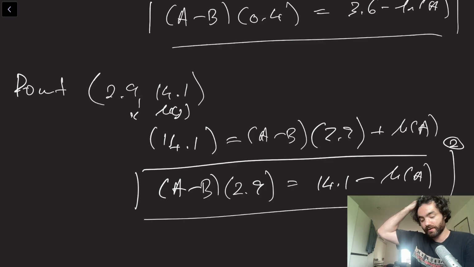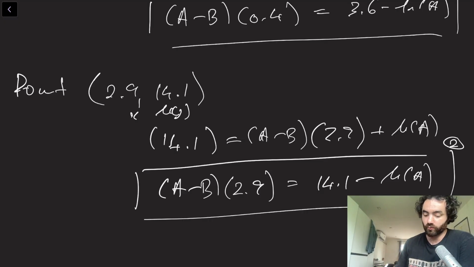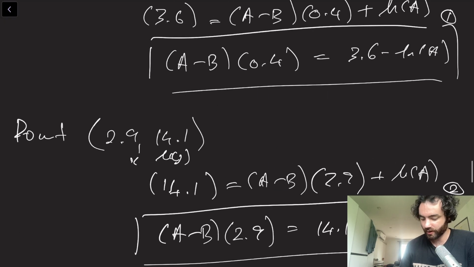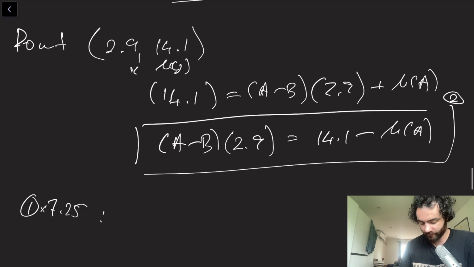To do that, you say, okay, 0.4 times what goes into 2.9? So 2.9 divided by 0.4, that's 7.25. So equation 1 times 7.25, because that's going to give you a 2.9 here.